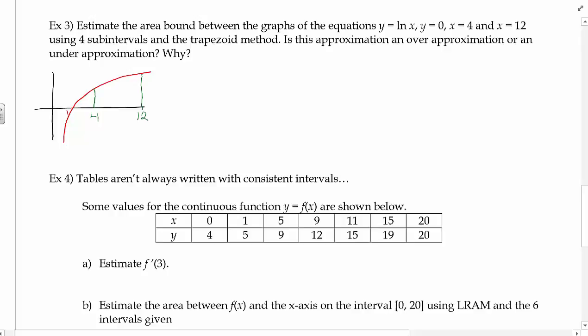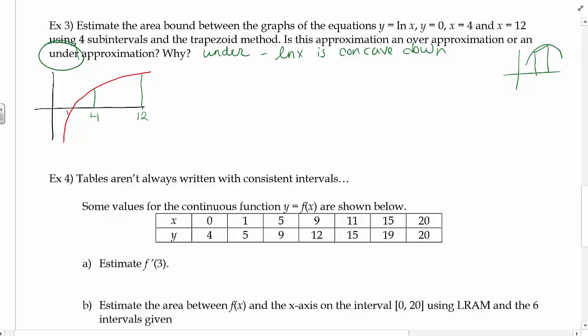Is it an under or an over approximation? Well, I can tell you right now, this is going to be an under approximation because ln x is concave down. And if I think about something that's concave down, when it bends like this, if I draw 2 lines and connect them, it's underneath the curve.